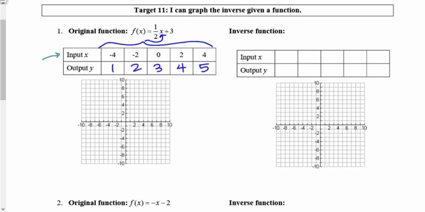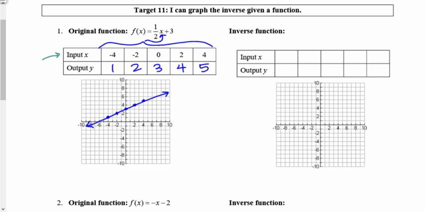So now that I have my points, I'm going to graph all these points. -4 comma, whoops, not -1. -4 comma 1, -2 comma 2, 0 comma 3, 2 comma 4, 4 comma 5. All right.